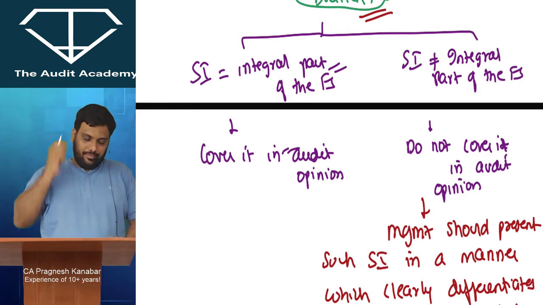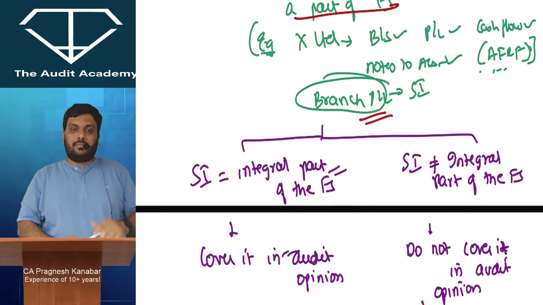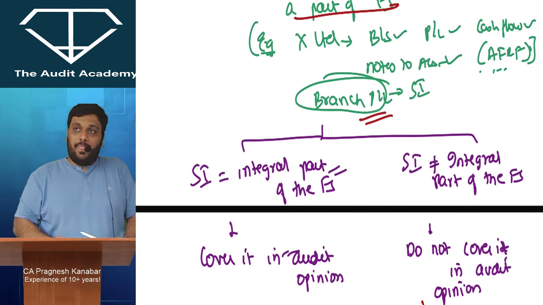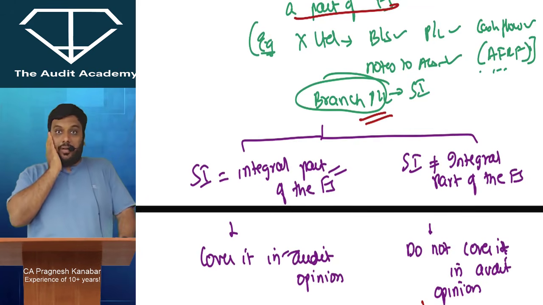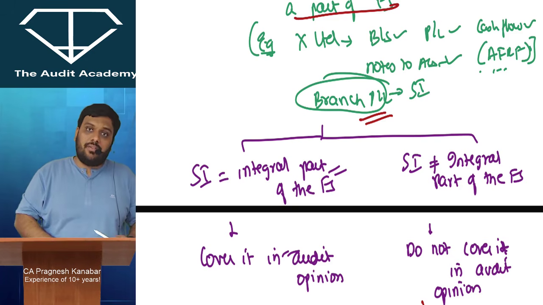Then listen to me. Let us say you are conducting the audit of an entity which is governed by the West Bengal government. The whole audit report format has been given by the West Bengal government.